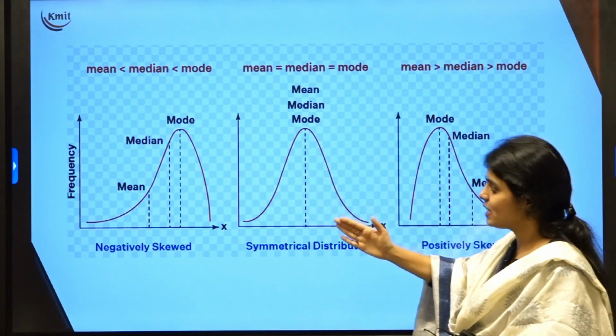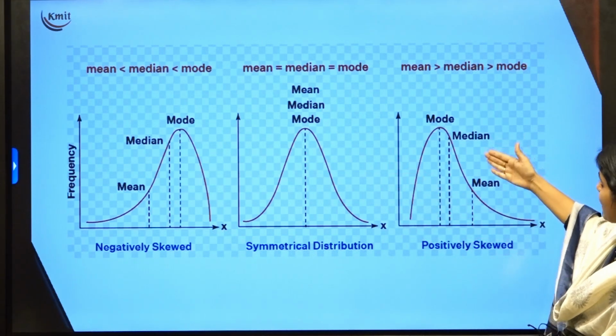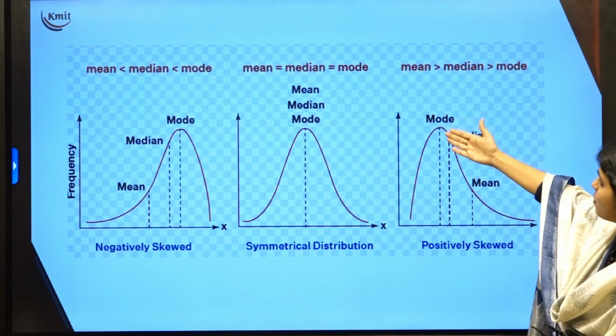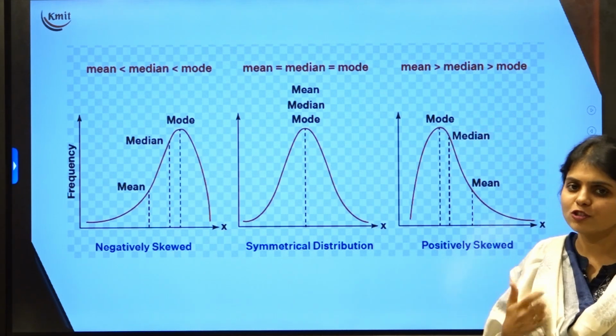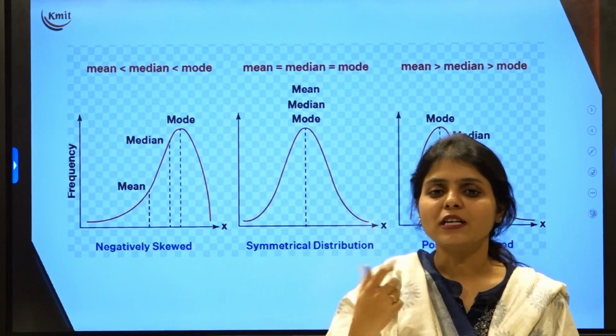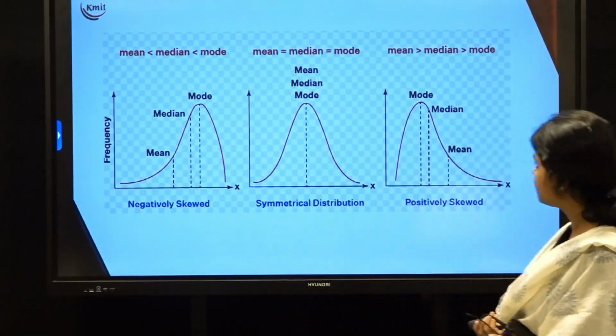With positive skewed data, mode would be less than median, and then mean. This is very important for us to analyze. Based on the distribution of data, mean, median and mode would be affected.